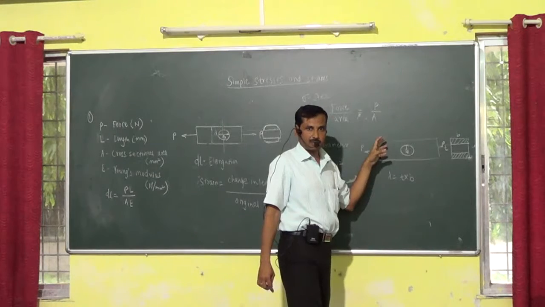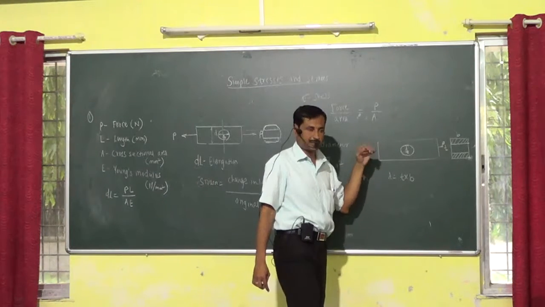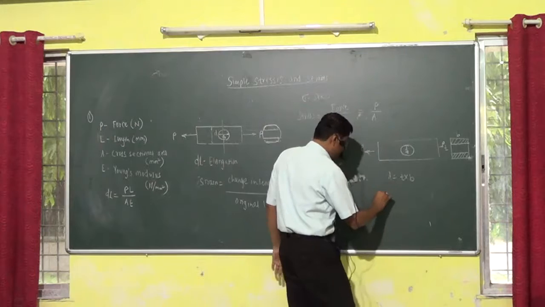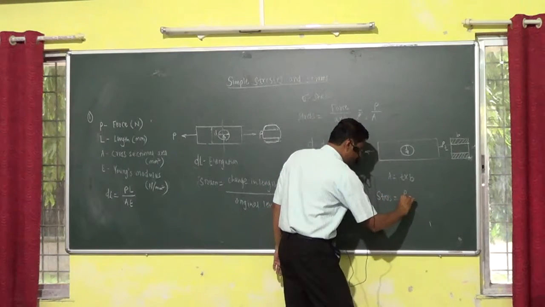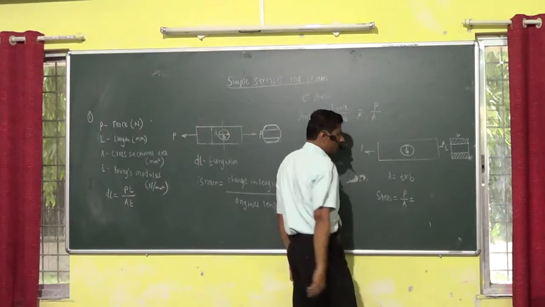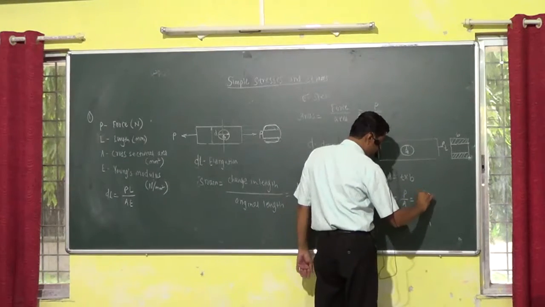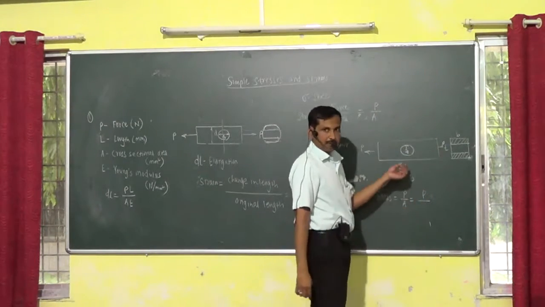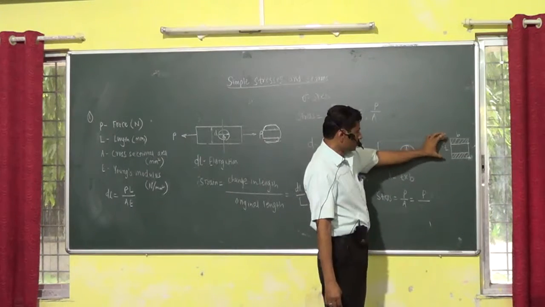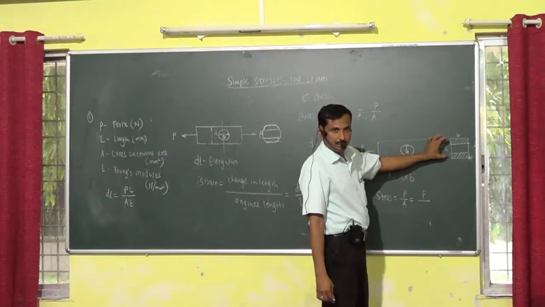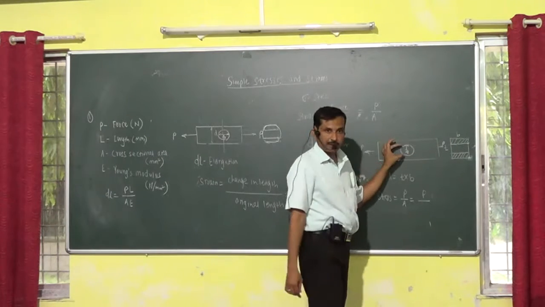What area should we consider while calculating the stress? While calculating stress, as usual, force upon area, P, will remain as it is, and we calculate the cross-sectional area A. From the total thickness T we will have to reduce D1.